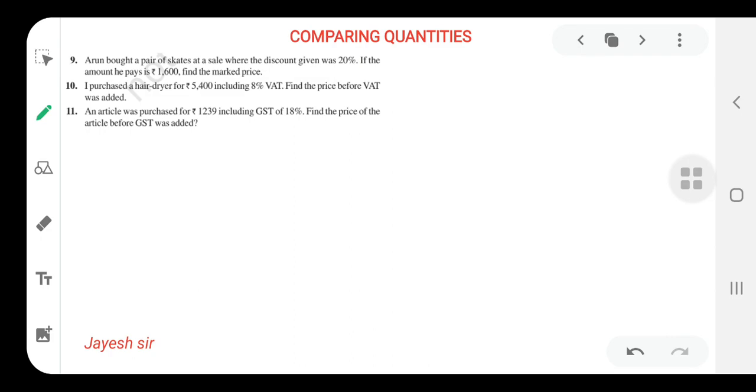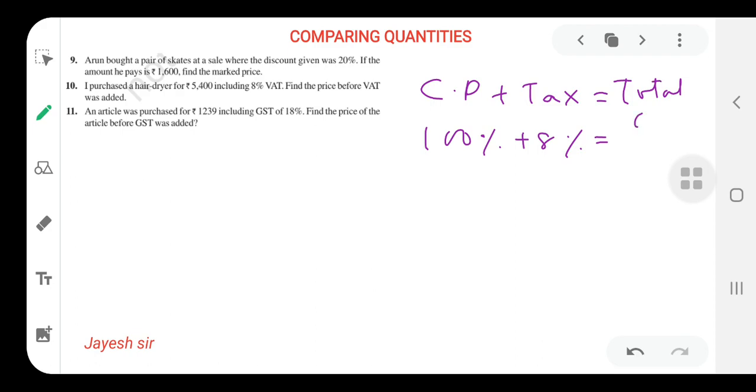So cost price plus tax. Cost price would be 100% of the article, 100% plus the tax percent I am paying, that equals the total cost, because I have paid an additional amount, that equals 108%, and the value of 108% is given to us, that is 5400 rupees.